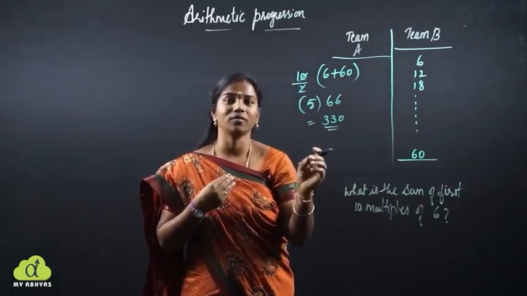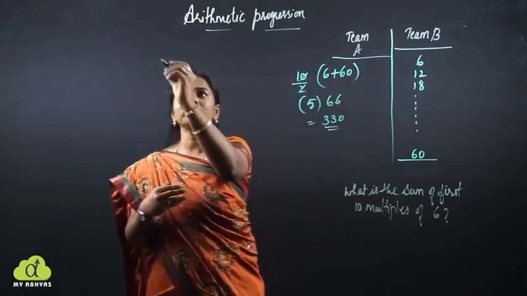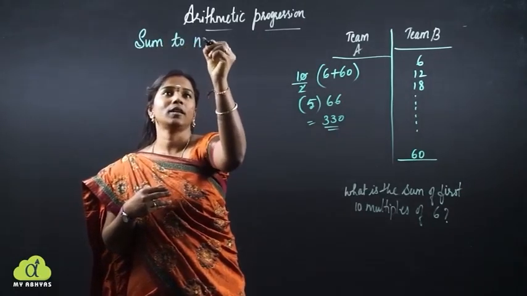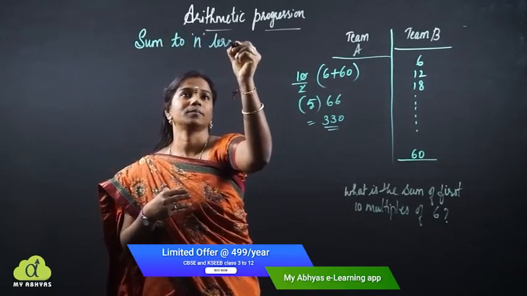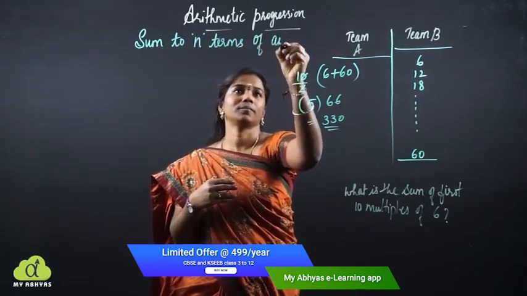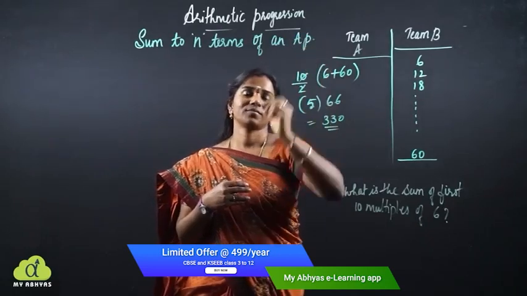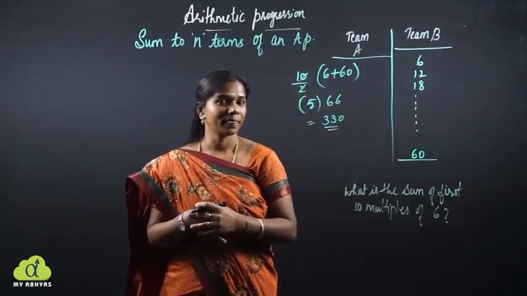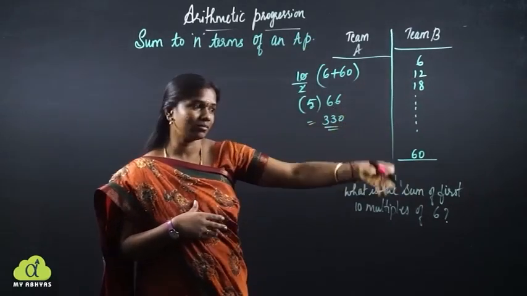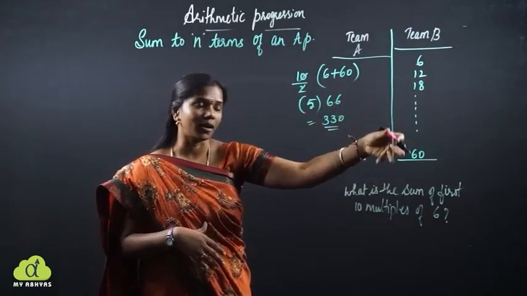That is what we call the sum to n terms of an AP. Have you understood the situation? Two teams did it by the long method of addition, though it is 10 terms, they started adding.